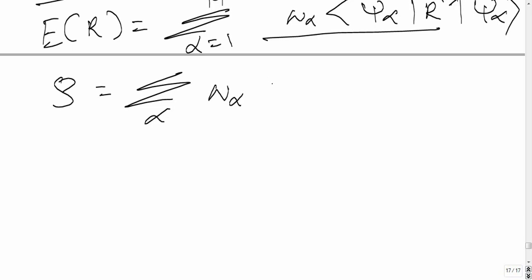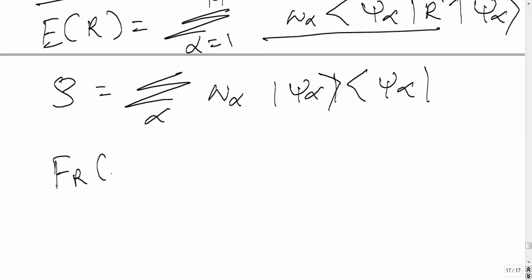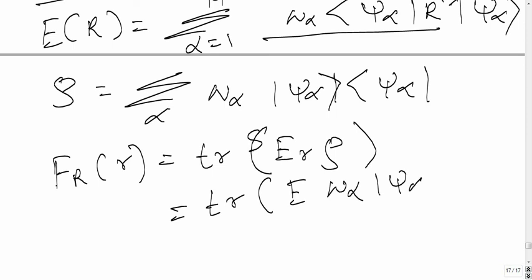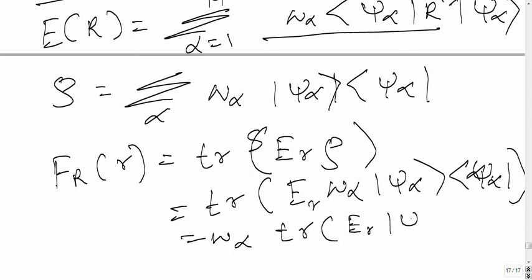So the distribution function can then be written as the trace of E_R with rho. Okay, this E_R is W alpha. So this W alpha can be taken out and the trace of this operator can be given like this.